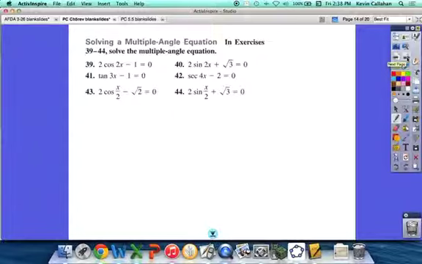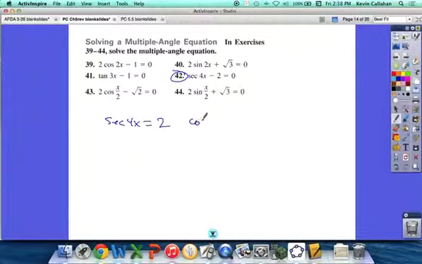Let's do one of these just to do. Okay, how about 42? Secant of 4x minus 2 equals 0. So secant of 4x equals 2. All right, what do you think I should do with that? Flip it.